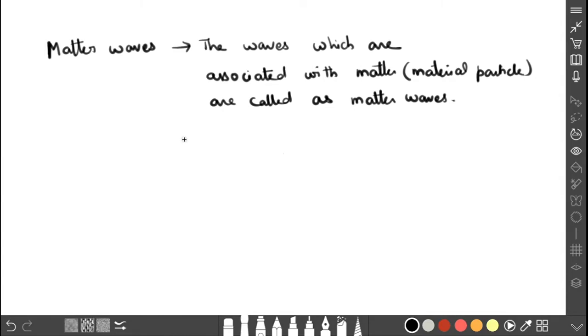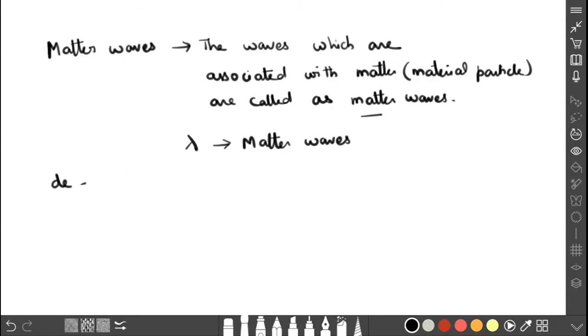By means of this de Broglie hypothesis, he has given the wavelength for the matter wave. If a wave is associated with matter, then automatically there will be a wavelength for the matter waves. What is the formula for it? That also he has given, the de Broglie wavelength.